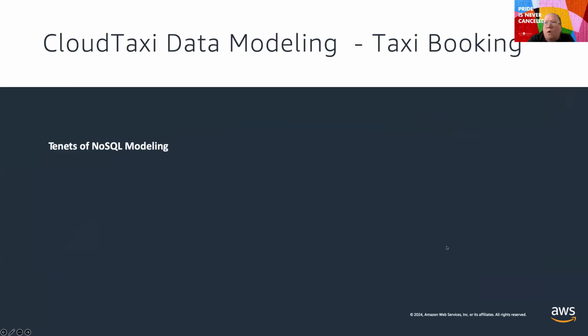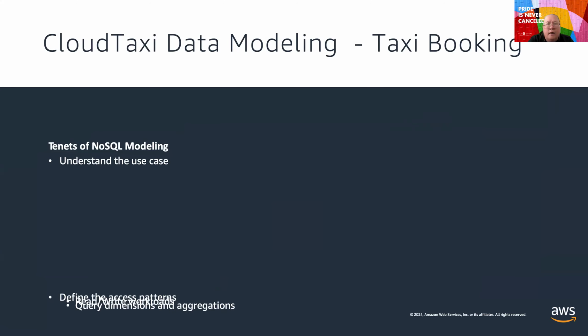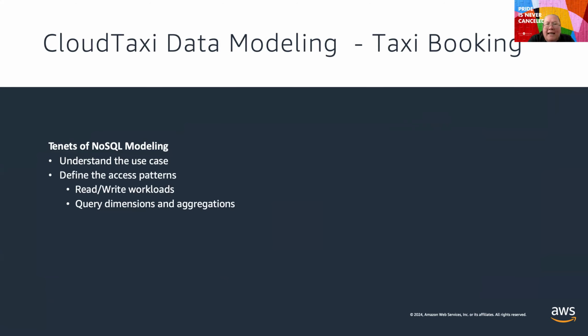So how do you model for NoSQL? First understanding the use case, what you're doing. We are doing the ride calling and also the GPS tracking. What are the access patterns that we typically require? Is it read heavy? Is it write heavy? Is it 50-50?